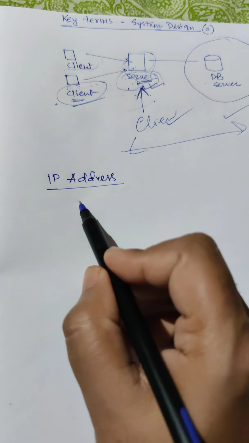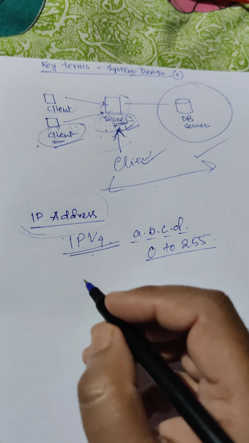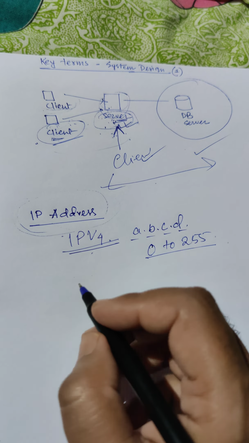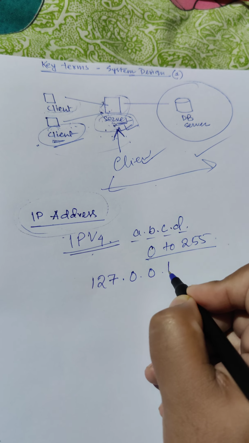There is some more information on IP addresses. Our own local machine normally has the IP address of localhost, which is 127.0.0.1.